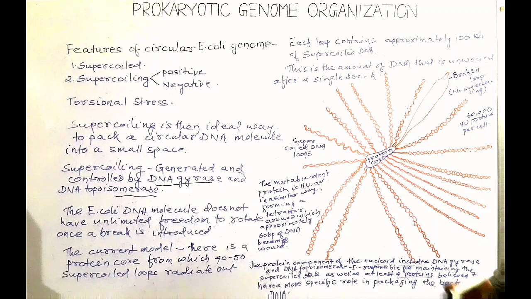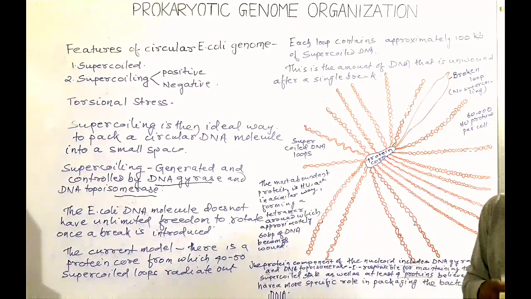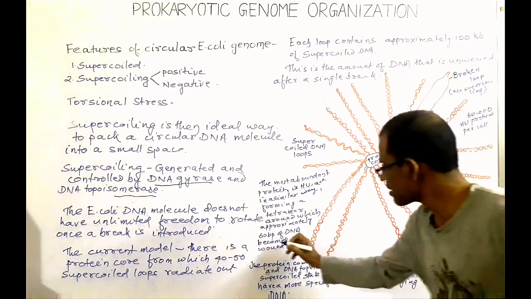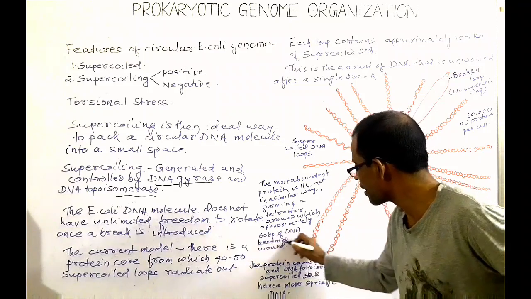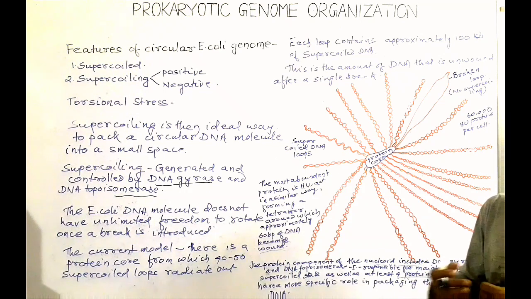HU is the most abundant protein present in the bacterial nucleoid, and this HU protein forms a tetramer. The HU proteins form a tetramer around which approximately 60 base pair of DNA becomes wound. So friends, this is about the organization of the prokaryotic genome.